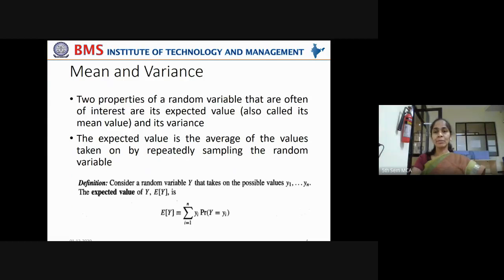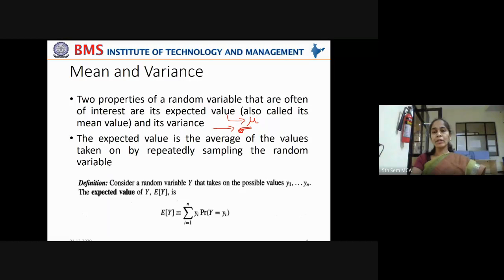The expected value is indicated by mu. Mu is the mean or average of that random variable, and variance is denoted by sigma squared. Sorry, sigma is for standard deviation.